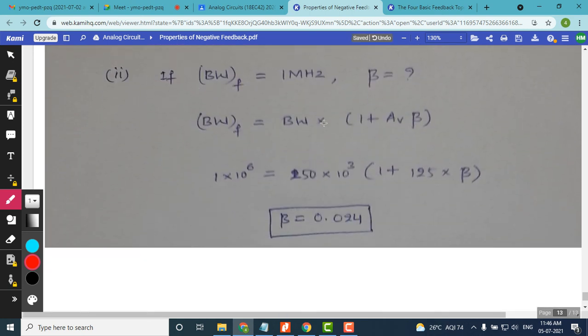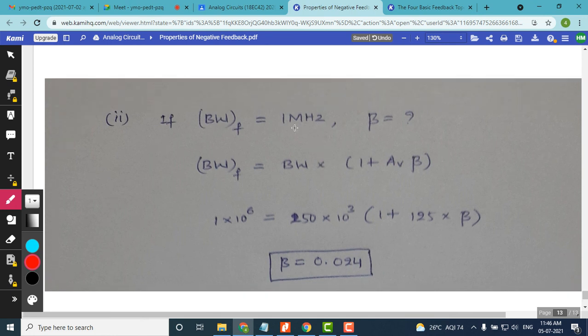And again, the second one is, if the bandwidth is restricted to 1 megahertz, what is the feedback network gain. This can be calculated by using the same equation. Bandwidth with feedback is equal to bandwidth into 1 plus Av into β. Substitute all the values which we know. So here we need to calculate β with the gain as 125.